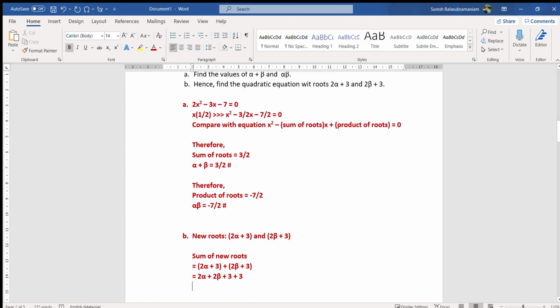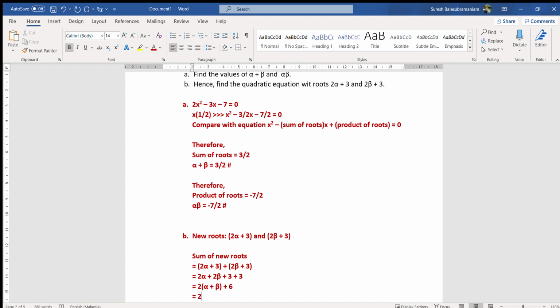Okay, I can factor the 2 out from alpha and beta, so I'll have 2 alpha plus beta, plus 3 plus 3 is 6.